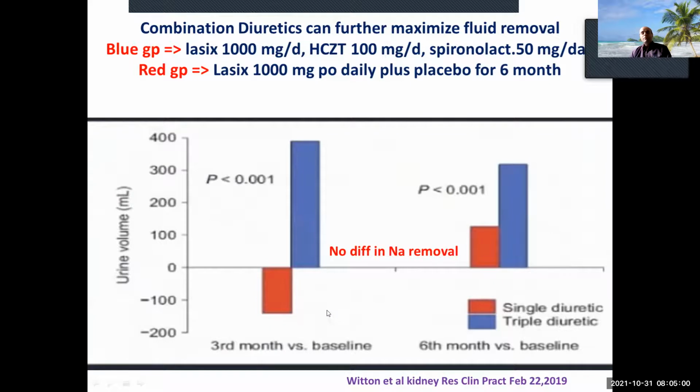There is no benefit in sodium removal; water removal is higher in the group receiving the combined diuretics, Lasix, hydrochlorothiazide and spironolactone. No difference in sodium removal between the groups using only Lasix and the group using the three diuretics. You will not get any benefit in salt removal. We are not concentrating only on fluid removal; we need salt and fluid removal.